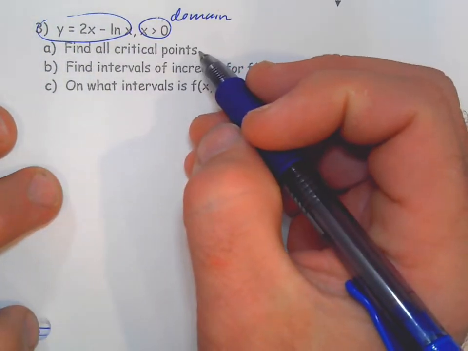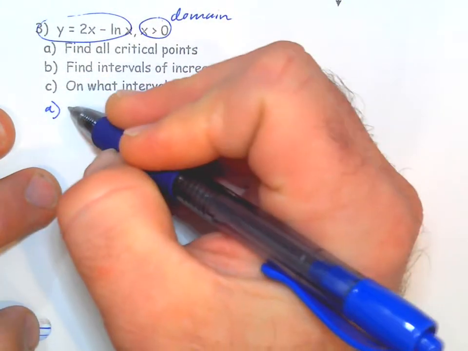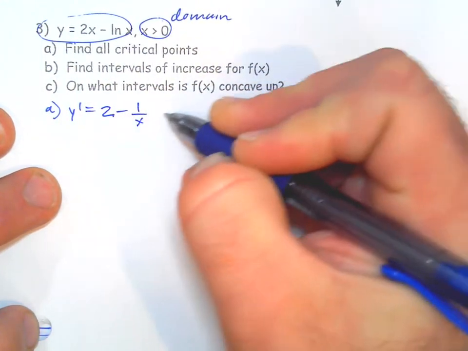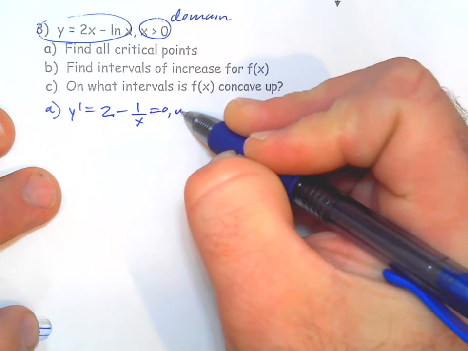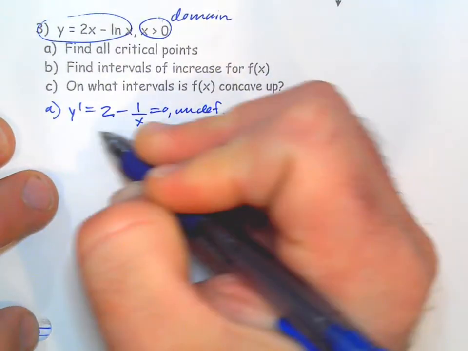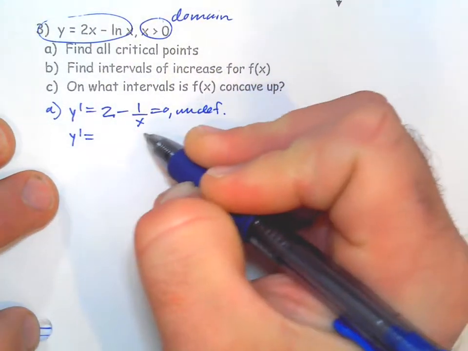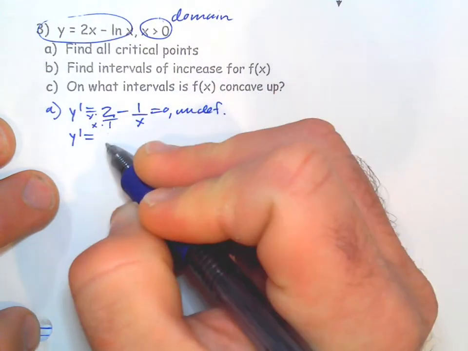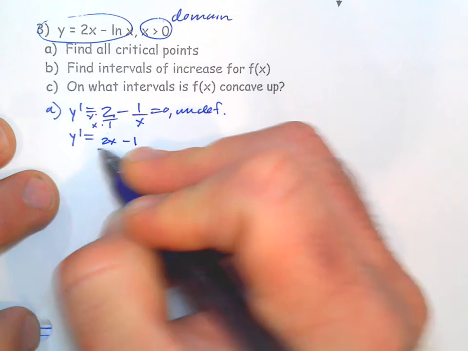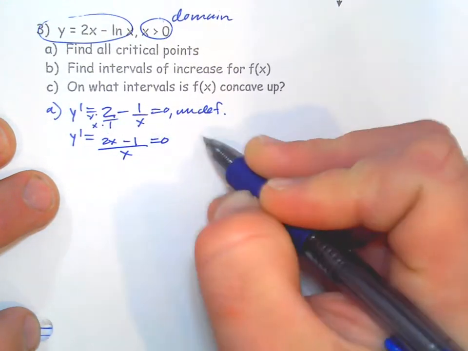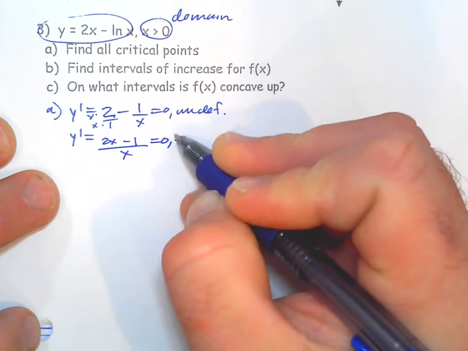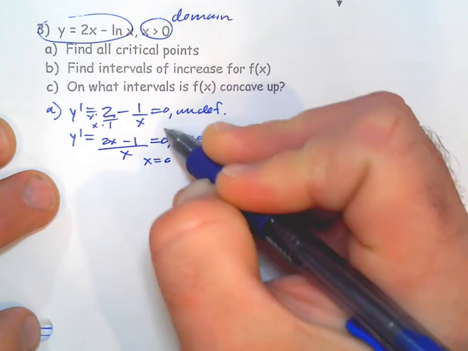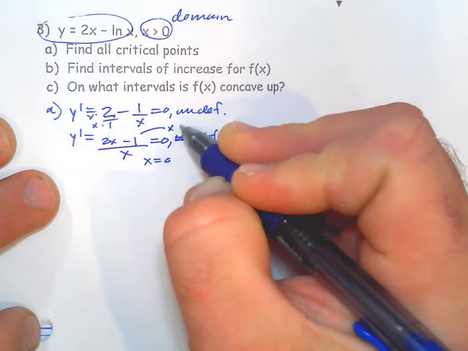Find all critical points. Y prime equals 0 or undefined. Back in chapter 1, when we were solving rational equations, we said we should make them into a single fraction: (2x minus 1) over x. Do not cross multiply. Undefined comes from the denominator equals 0, and the 0 comes from the top, positive 1/2.